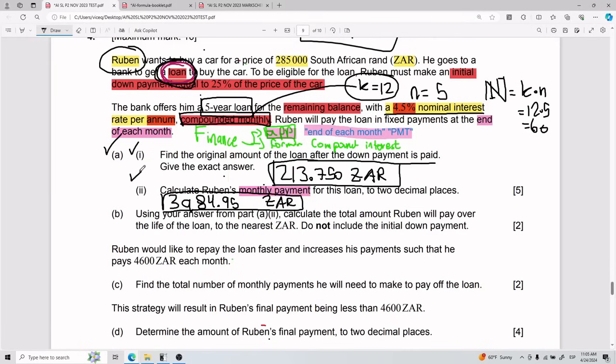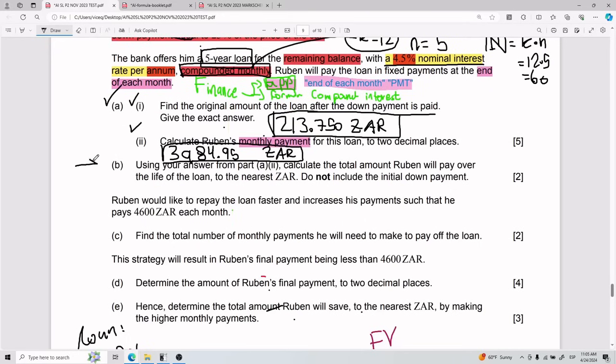That is part A. Then for part B, you need to use your answer from part A double I, to calculate the total amount Ruben will pay over the life of the loan. To the nearest ZAR, do not include the initial down payment.